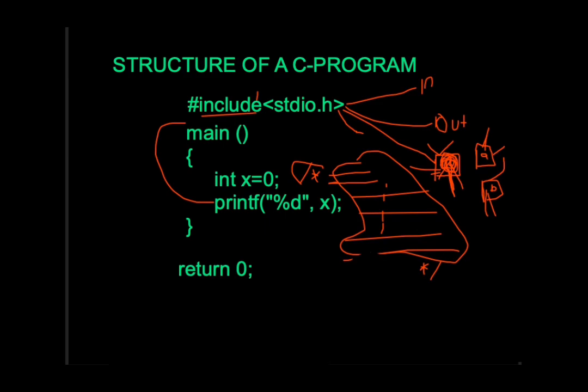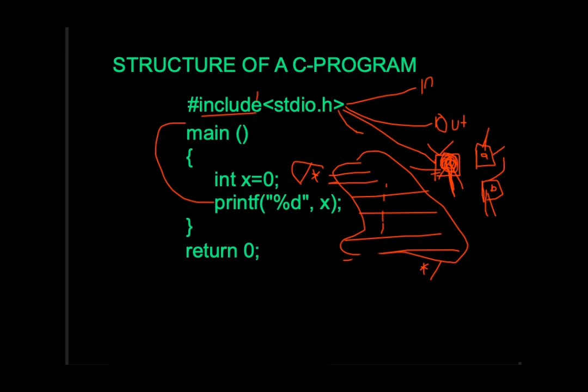Just give me a signal. That's what return 0 does. When it returns 0, that is a signal that this is done successfully. If it returns something that is not 0, it means the job is not successful.